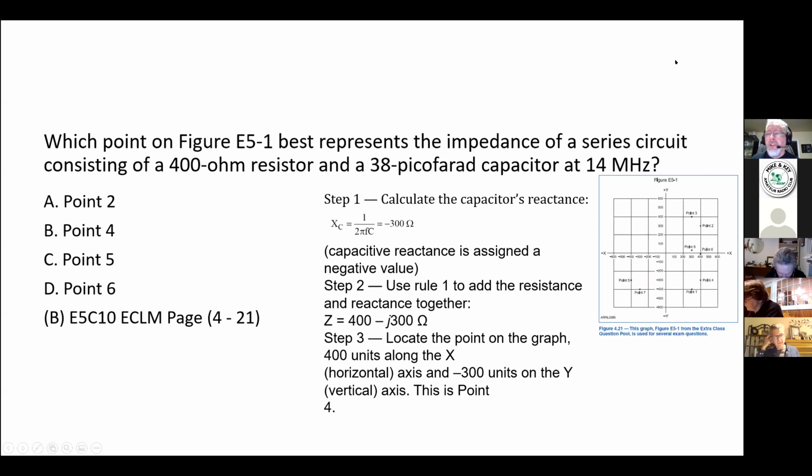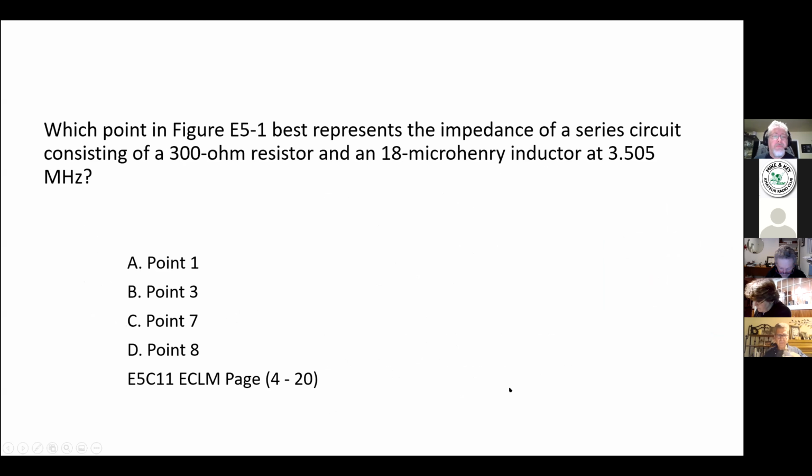Okay, let me move this over some more so I can see the next screen. Which point in figure E5-1 best represents the impedance of a series circuit consisting of a 300 ohm resistor and an 18 microhenry inductor at 3.505 megahertz?